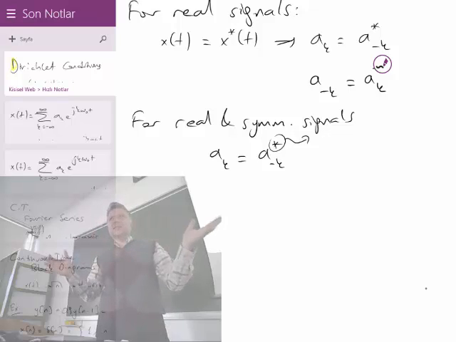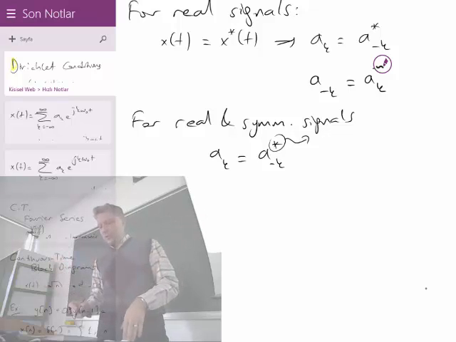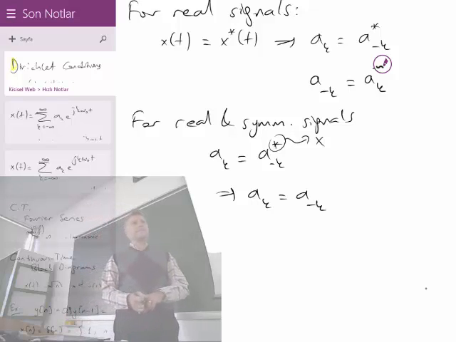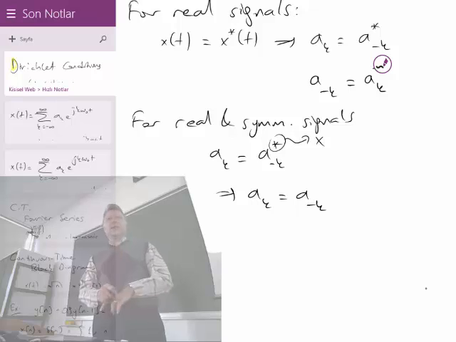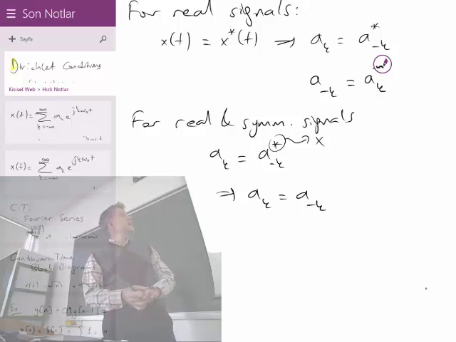Cosine was an even signal, so the Fourier series coefficients were real, 1 over 2 and 1 over 2. So there's no need for conjugation. This can be eliminated, and we have a k is equal to a minus k. So for real and symmetric or even signals, we have real and even Fourier series coefficients.